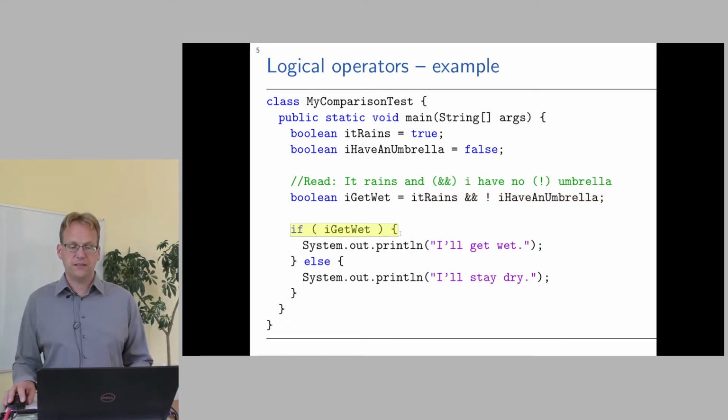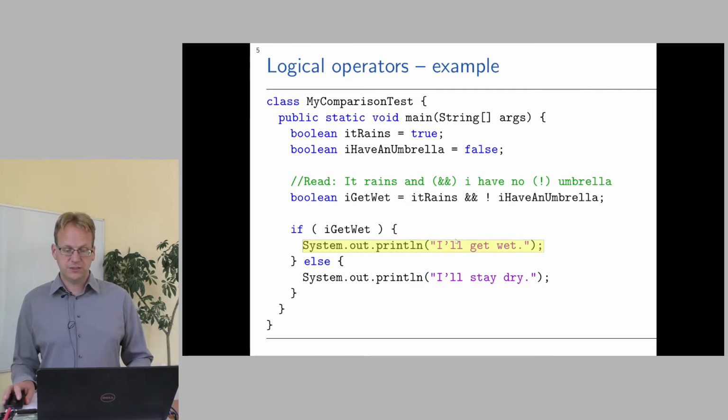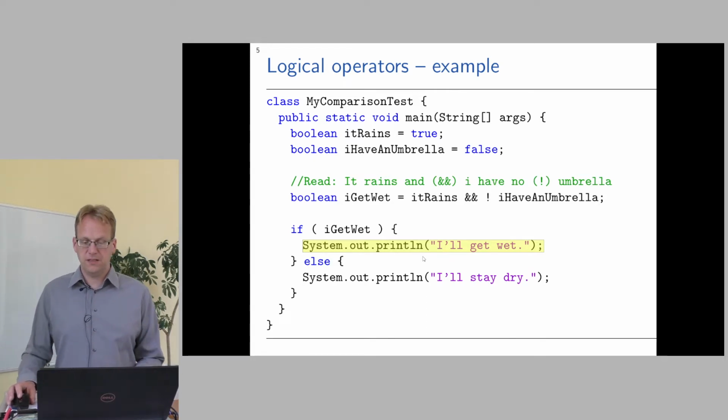If I get wet, so only if the current value in this variable I get wet is true, then this branch of my program is executed. Namely, we are printing now System.out.println "I'll get wet" to the console. And else, if I don't get wet, then I print "I'll stay dry". Okay, so that's the main idea.